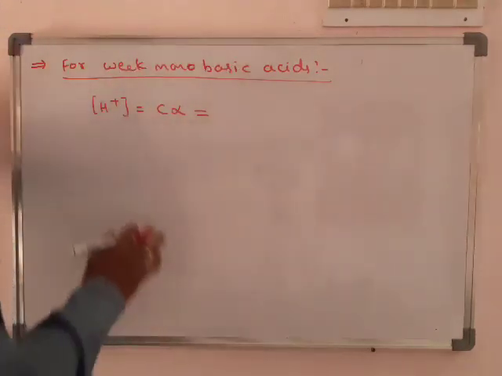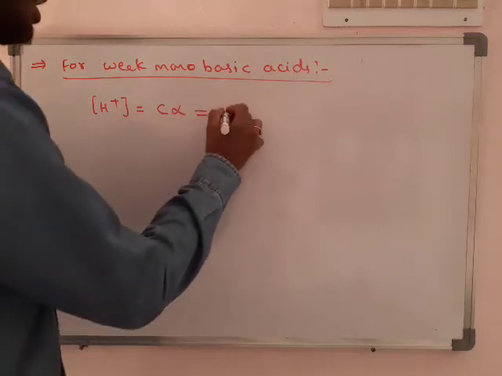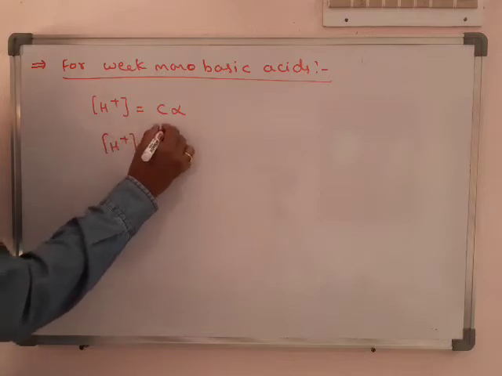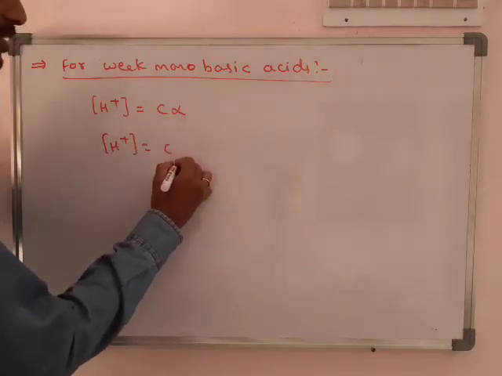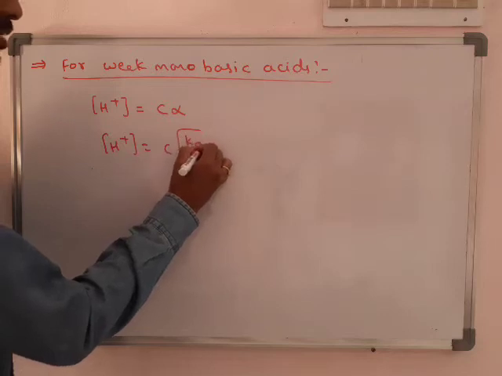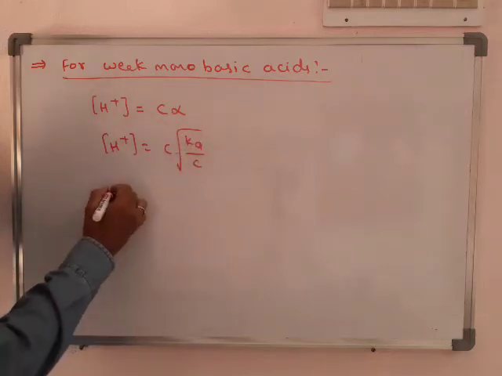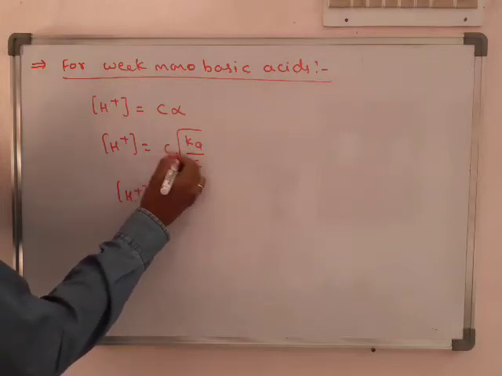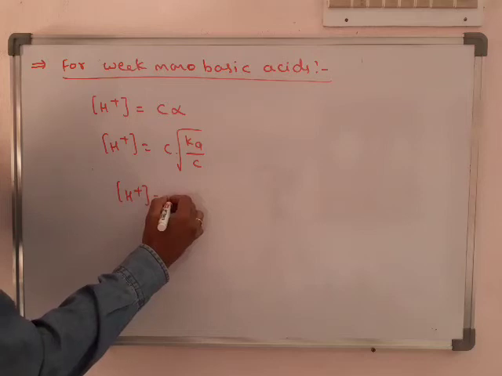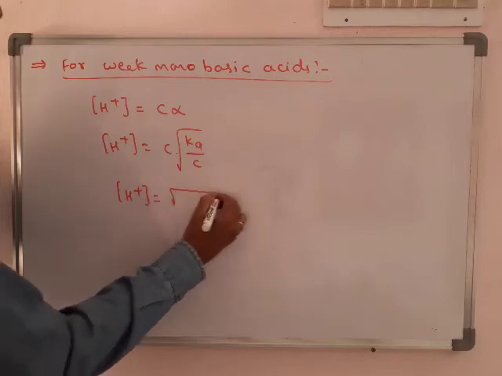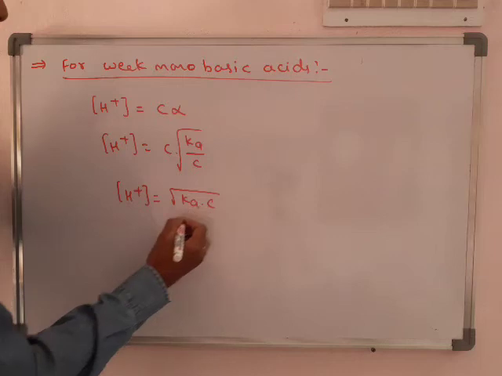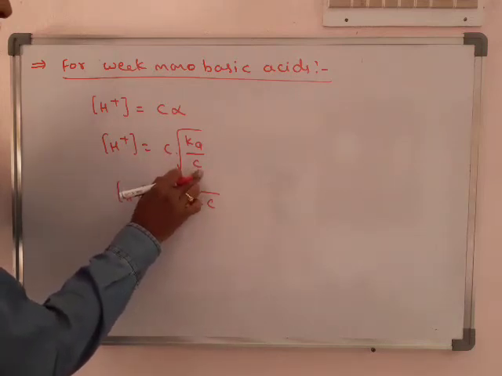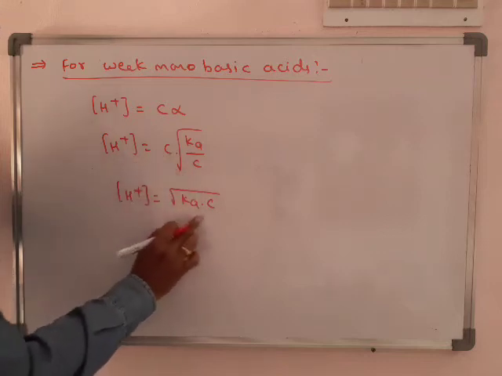So for weak acids, we know the formula H plus equals C alpha, and alpha equals root Ka by C. So H plus equals C into root Ka by C; one root C gets cancelled, remaining root Ka into C.